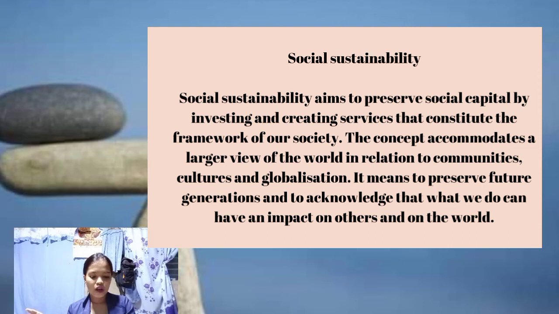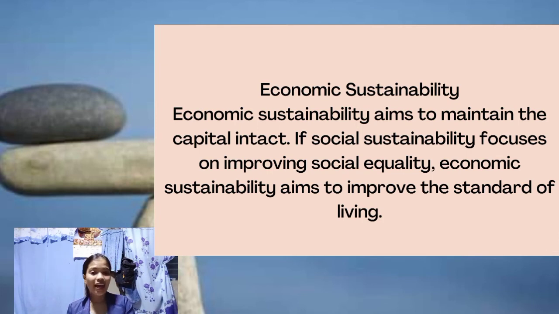The concept accommodates a larger view of the world in relation to communities, cultures, and globalization. It means to preserve the future for generations, to acknowledge that we can have an impact on others and the world. So the second one is economic sustainability.